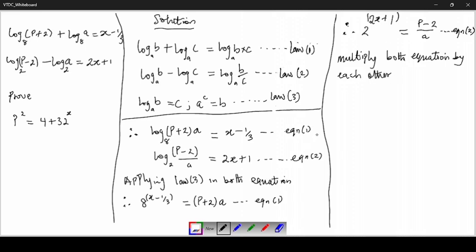So if I were to multiply both equations by each other, that means for the left hand side, we would have 8 raised to the power of x minus 1 over 3 times 2 raised to the power of 2x plus 1 is equal to p plus 2 times a, then times p minus 2 over a.